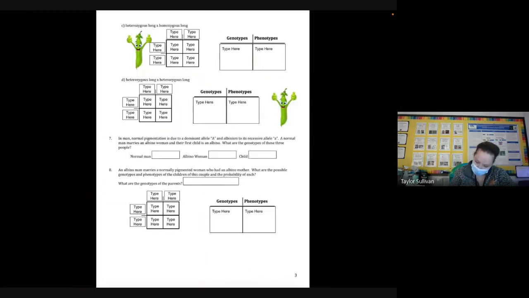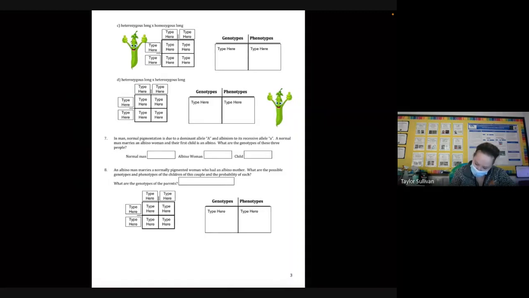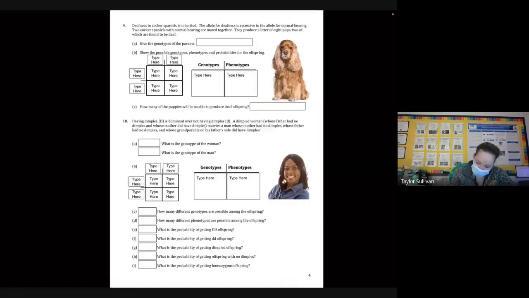There's more peas. Then we're going to look at people in 7 and 8, and it's going to talk about the albino genes. The last two questions, we're going to talk about dogs, Cocker Spaniels and deafness, and then the human trait of having dimples.